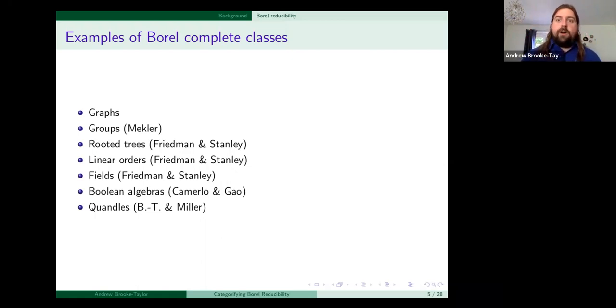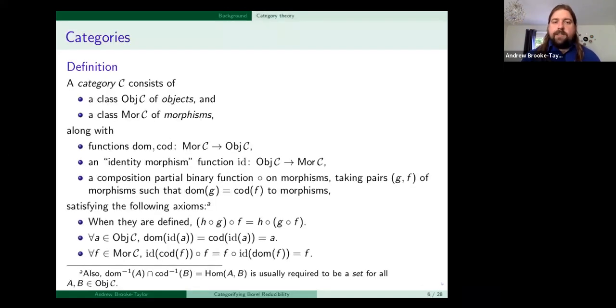Now, the title was Categorifying Borel reducibility. Let's touch on category theory. I'm sure you've all seen some definition of category theory before. There are different ways to present it. I want to view it this way, where we have a class of objects and a class of morphisms, and that's a category. And then you can view the extra structure of the category as being given by functions between these classes.